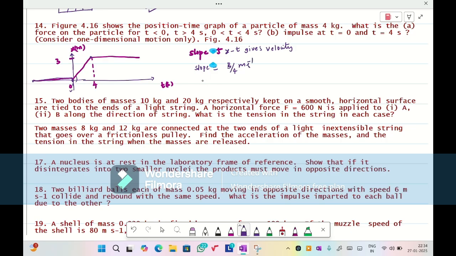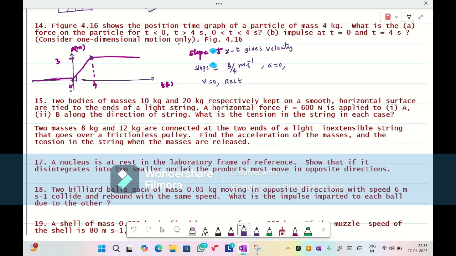After 4 seconds, the slope is 0, that means velocity is equal to 0, it is at rest. From 0 to 4 seconds the velocity is constant, so here acceleration is equal to 0. And x equals 3 meters at time equal 4 seconds. Therefore the slope of this one equals 3 by 4 meters per second.